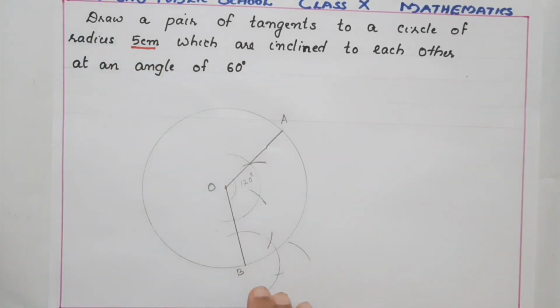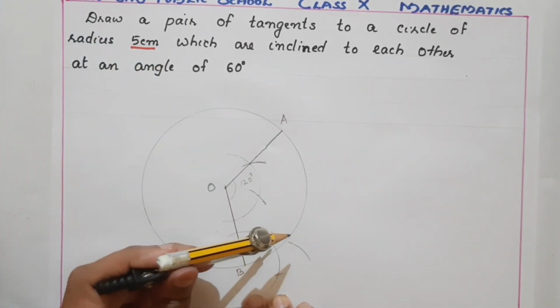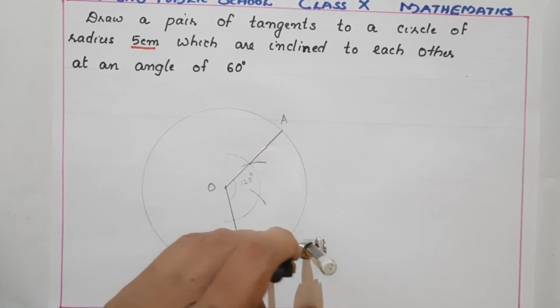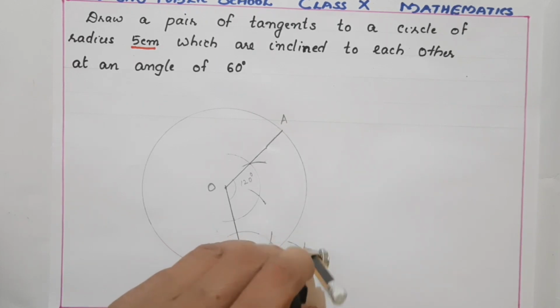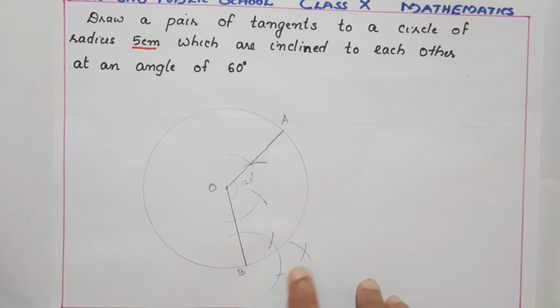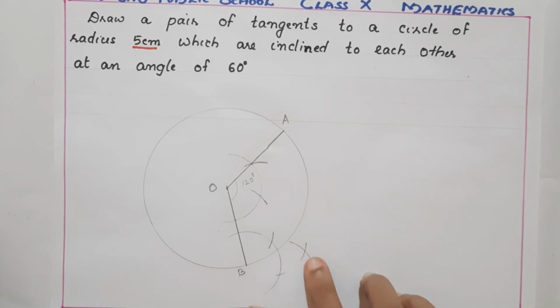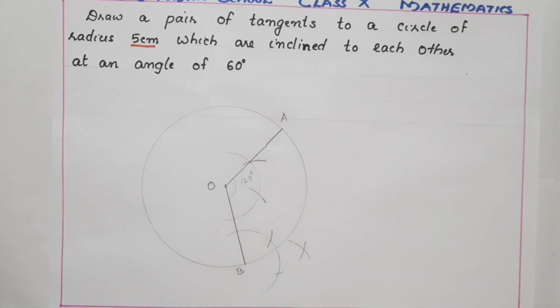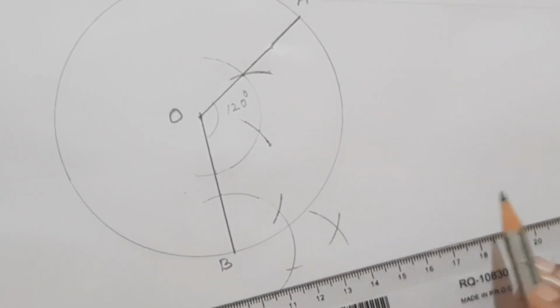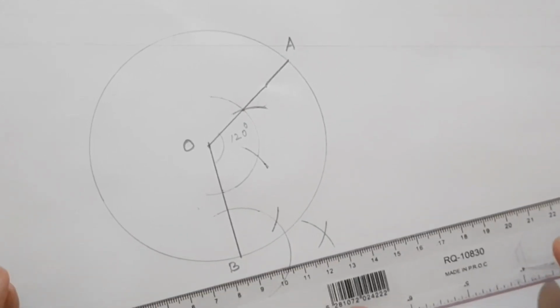Then draw another arc from this 60 degree ray. Did you understand how we got these two arcs? From this point of 120 degrees and from this point of 60 degrees, we have drawn these two arcs and they are meeting at this point. Now join B and this new point of intersection.